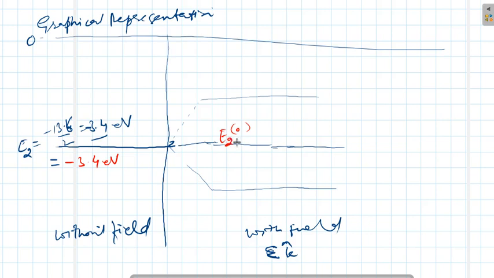So let me call this E20, corresponding to the unperturbed system. So this energy will change by this, either this E21, the value of this will be 0 or this will be 0, as there are four possible values.